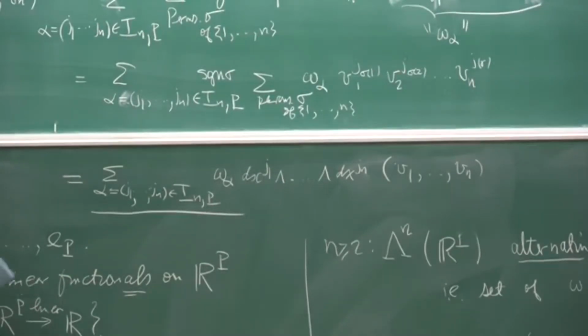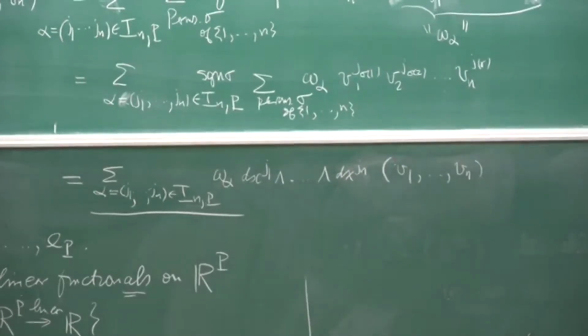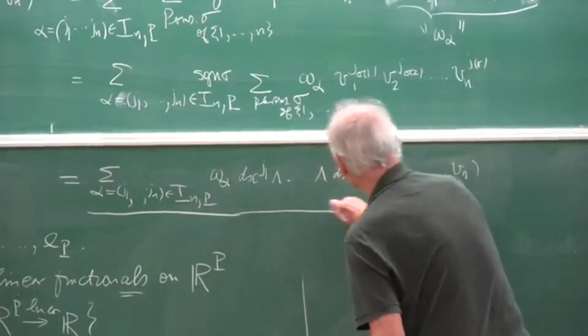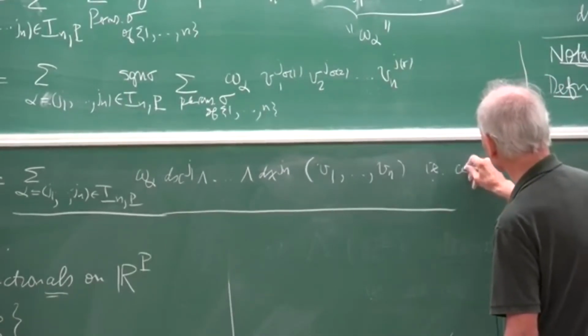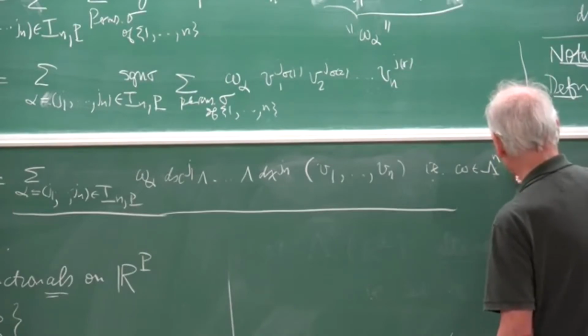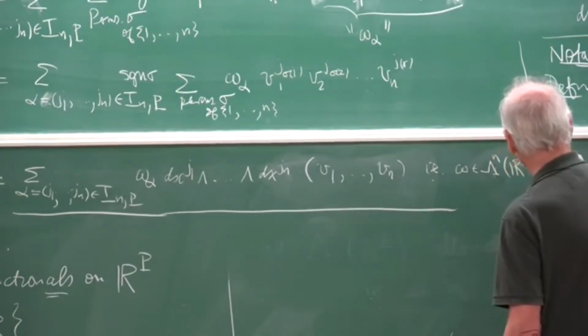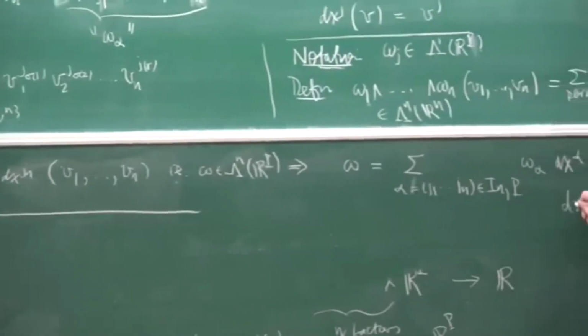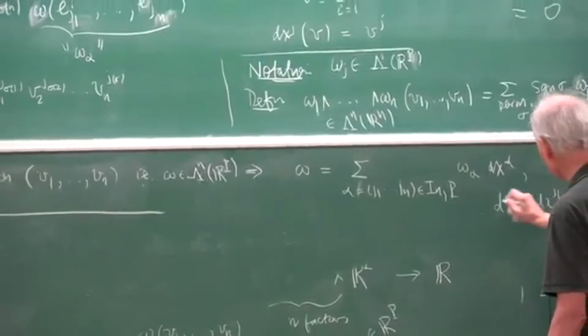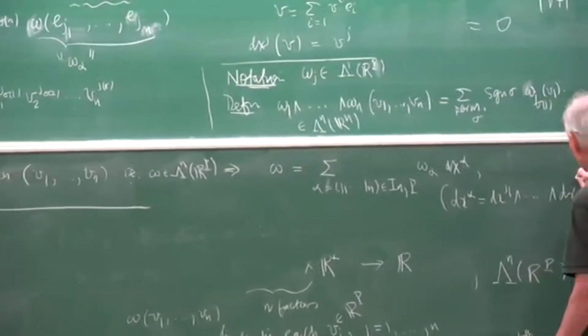So in other words, if we drop the v's, that is rather nice, that now any ω in Λn(Rp) tells us that we can always write ω equals the sum over α equals j1 up to jn in I(n,p) of ω_α times dx_α, where dx_α is an abbreviation for dx_j1 wedge up to dx_jn.